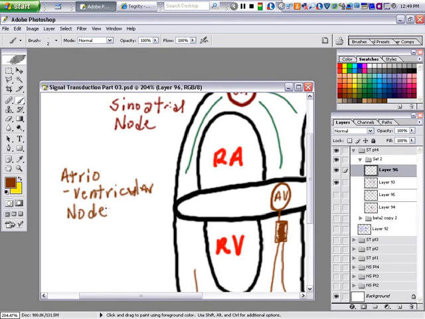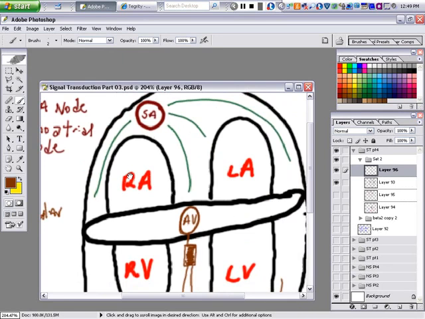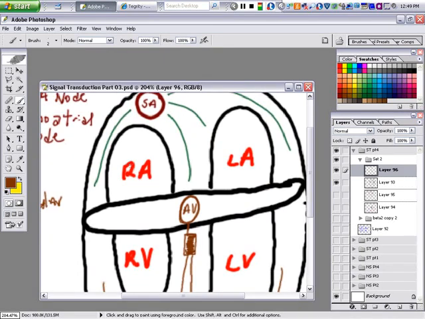Does it make sense? And what did you say it controls? Because the other one controls the pace of your heart. You're right. The SA node tells your atria when to contract, and it tells your AV node to send out a signal.